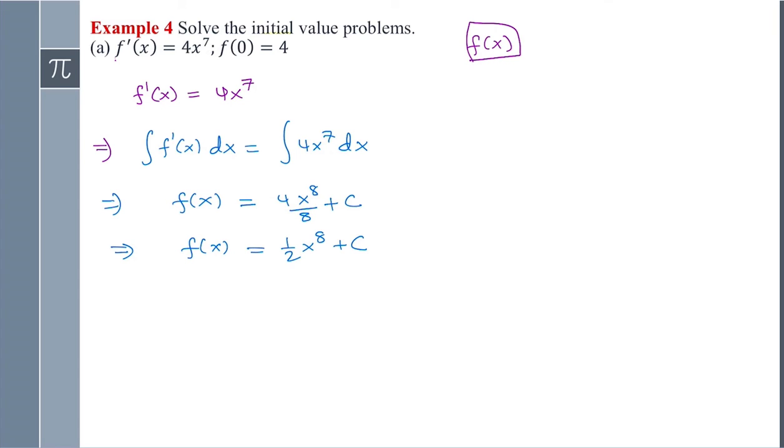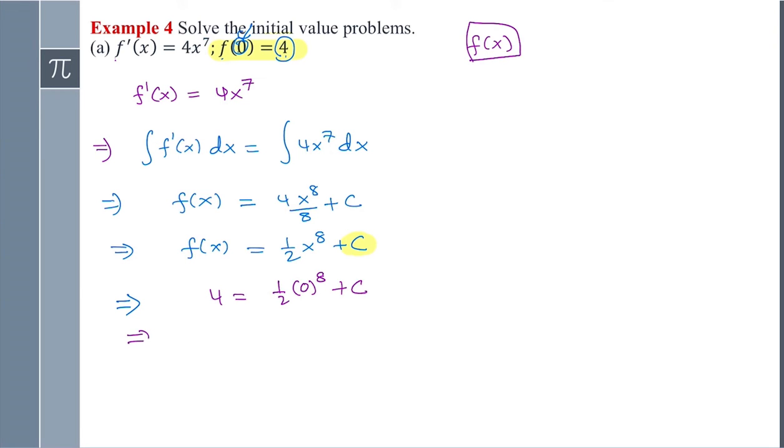Now we are going to use this initial value to figure out what that c is. How are we going to read this? f of 0 equals 4 means when x is 0, the value of the function is 4. So f of x is 4 when x is 0.